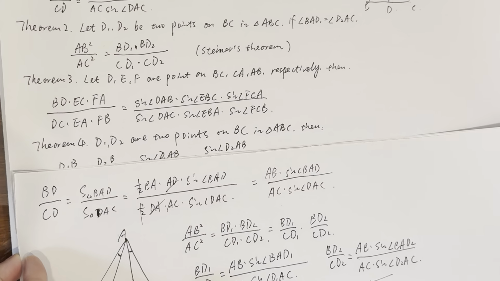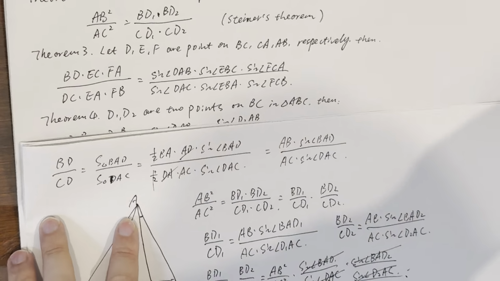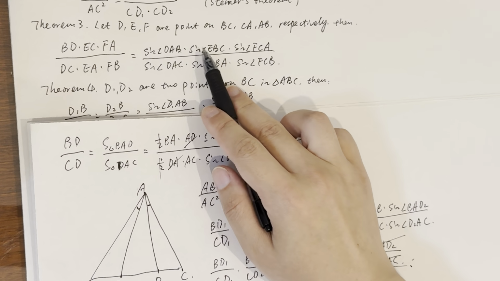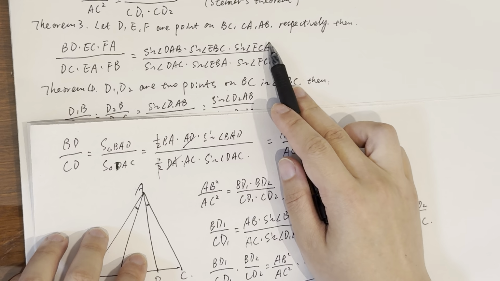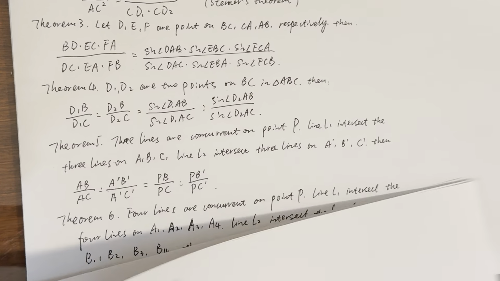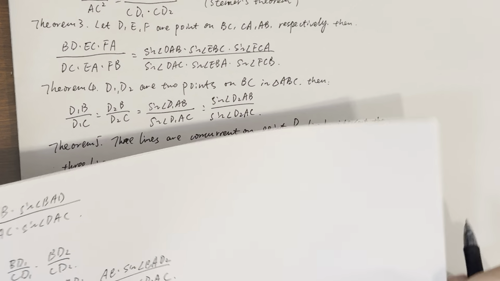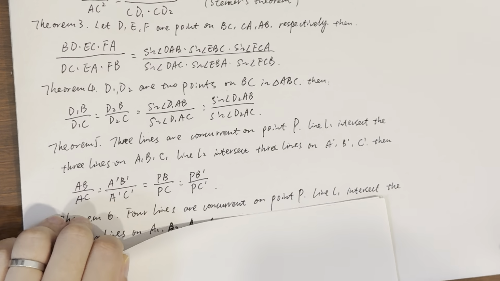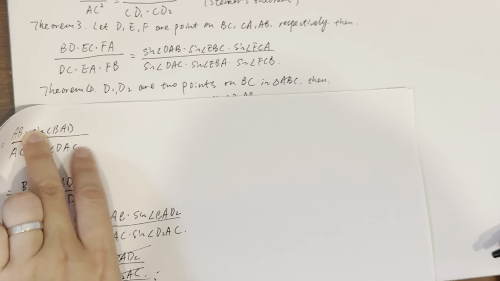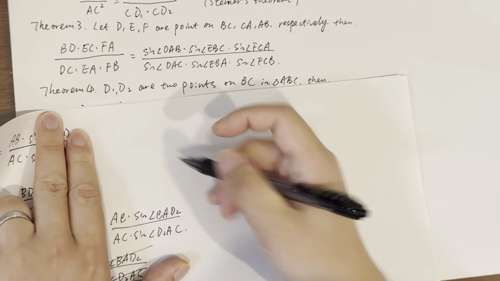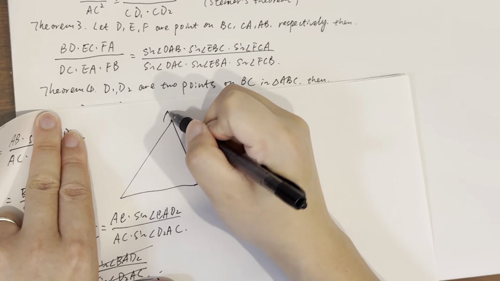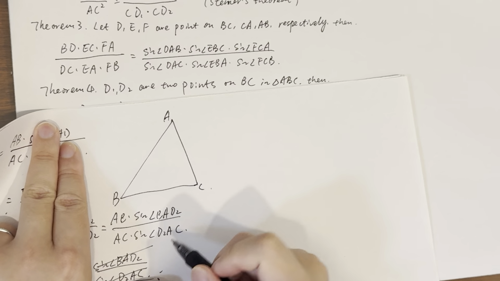Okay, theorem 3. Theorem 3 says: let D, E, F be points on BC, CA, AB respectively. Then we want to have this one, so let's check it. We have a triangle with A, B, C here.